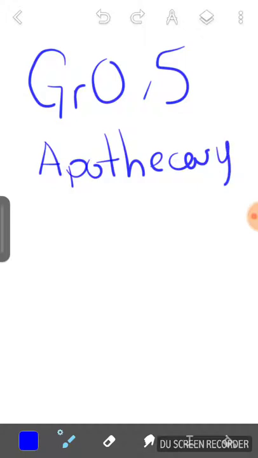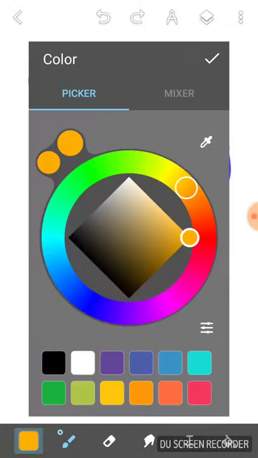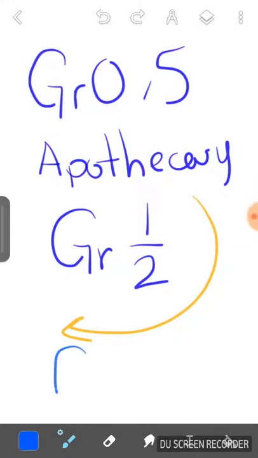Therefore, it should be written in what? You guessed it. It should be written in fractions. So, apothecary equals fractions.